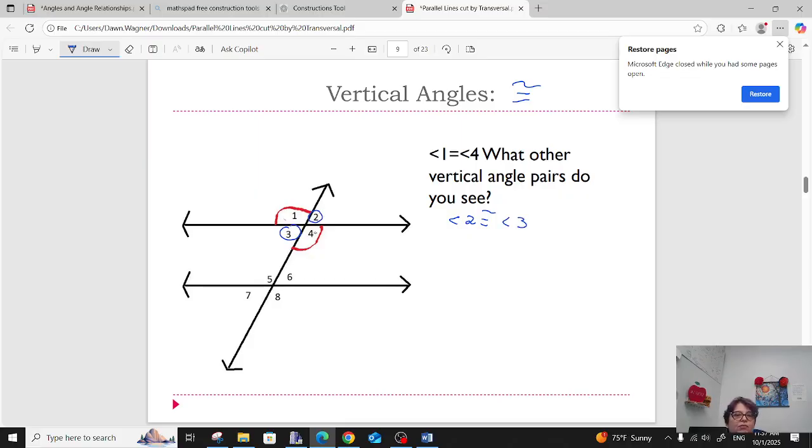You are correct that angle 2 is congruent to angle 7 because those are alternate exteriors. But for vertical, angle 2 is vertical to angle 3, right? So which one is vertical to angle 5? And which one is vertical to angle 6? Very good.